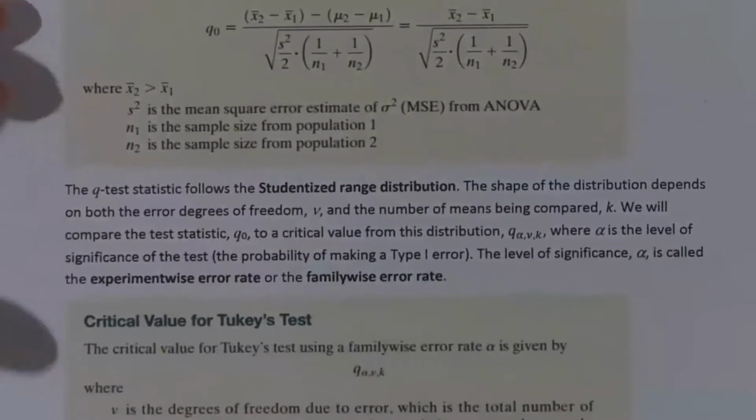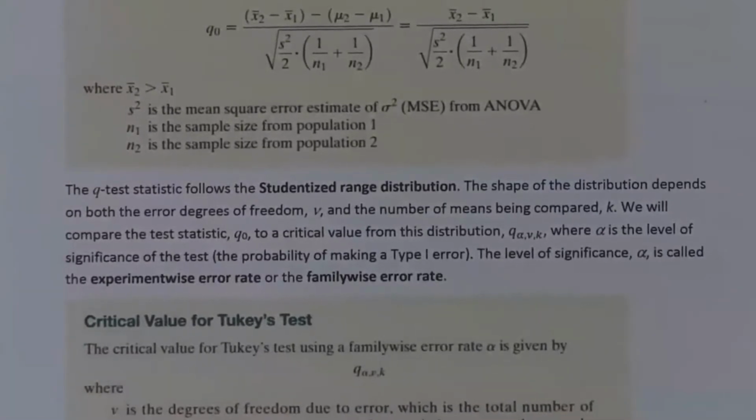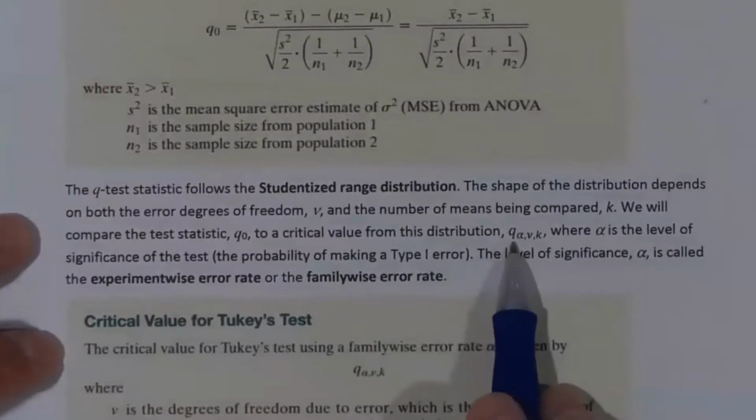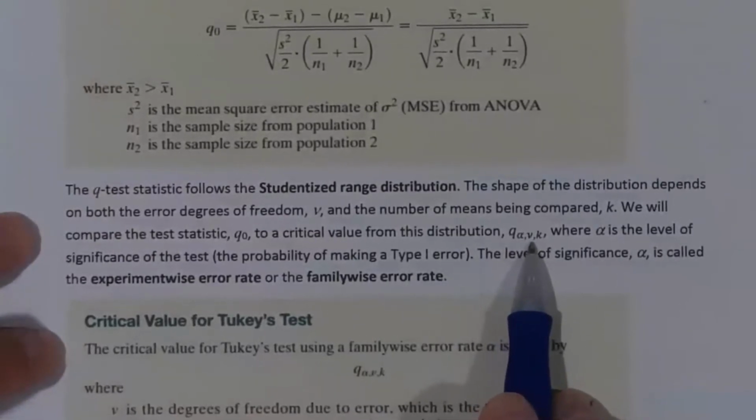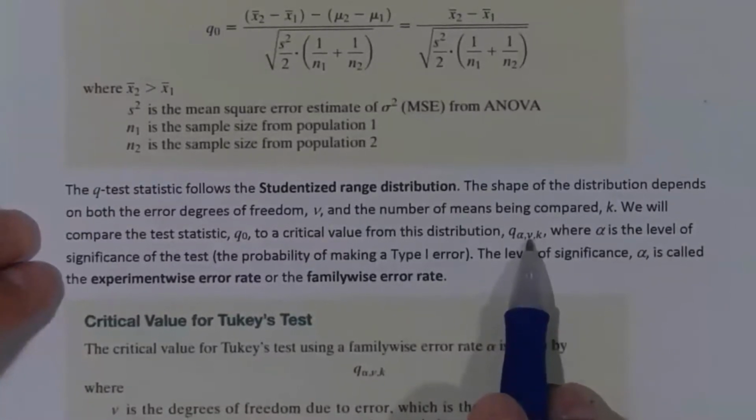So just like any other hypothesis test, we're going to have a level of significance, alpha. And so again, the Q is going to depend on what the level of significance is. It's also going to depend on the degrees of freedom due to error, denoted by this V symbol, and then the number of categories that we have, denoted by K.